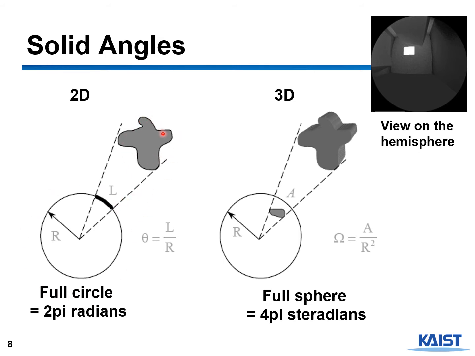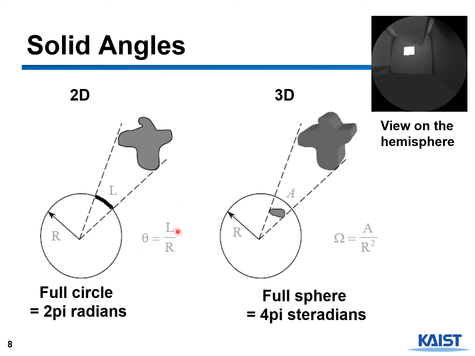If this is the light source, then as L gets bigger and bigger, we can get more and more energy from that light source. So that's why it's very important to measure the solid angle. Solid angle in this case is defined by L divided by r.